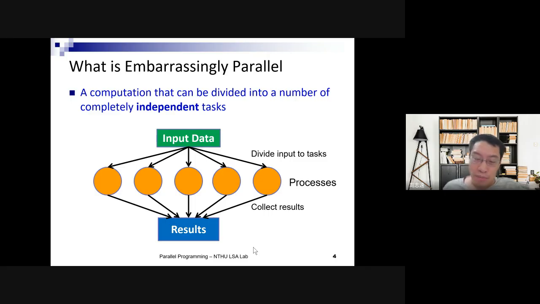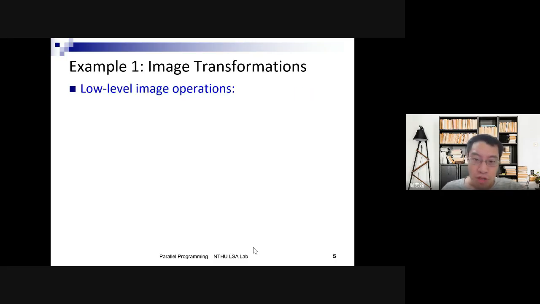So of course, people hope their computation is an embarrassingly parallel computation. And as we will introduce, some distributed computing frameworks like MapReduce or Spark basically follow this model. They actually focus on or specialize in those embarrassingly parallel computation tasks.